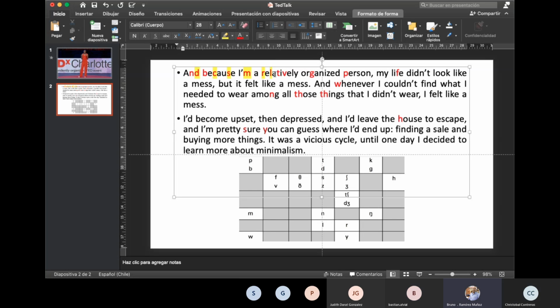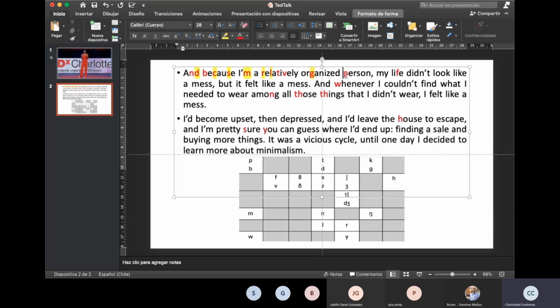It is alveolar, liquid, and voiced. Correct. That's correct. And the next consonant sound is Z, which is a stop, voiceless, and alveolar sound. Then we have V, which is a fricative, voiced, and labiodental sound. Then we have the consonant sound G, which is a stop, voiced, and velar sound.